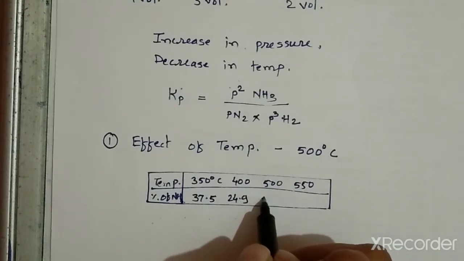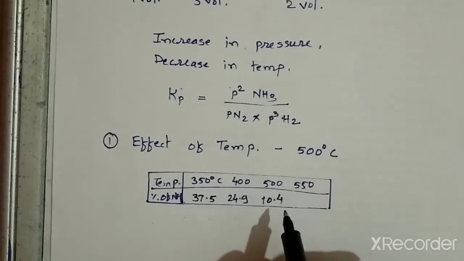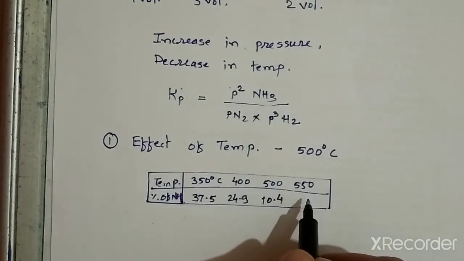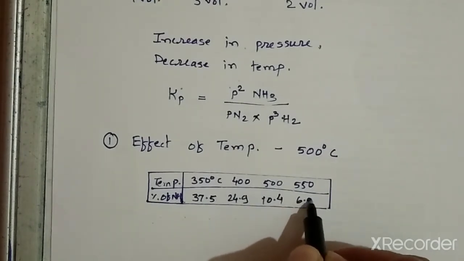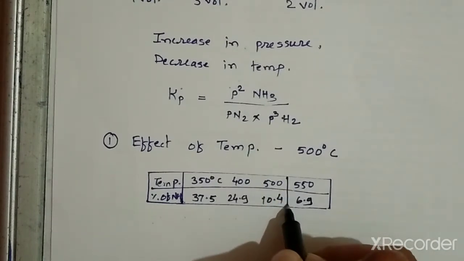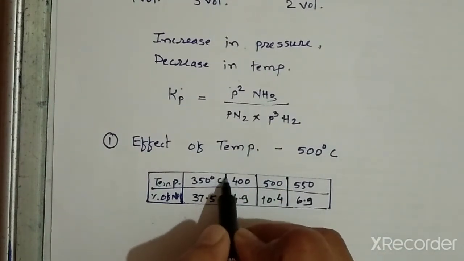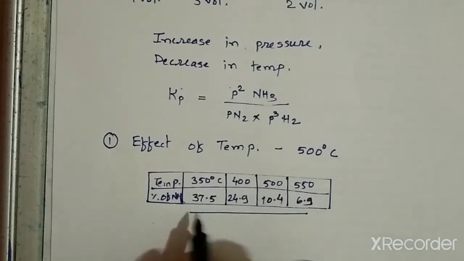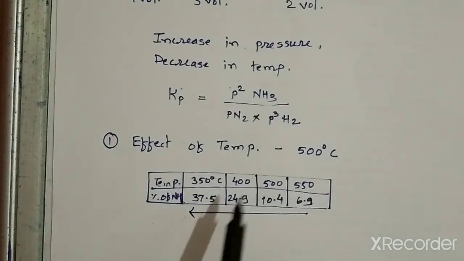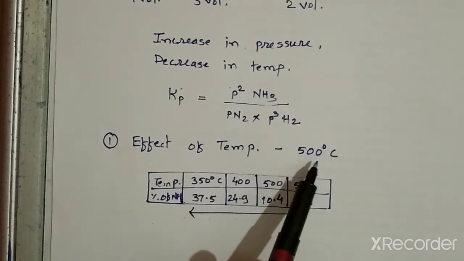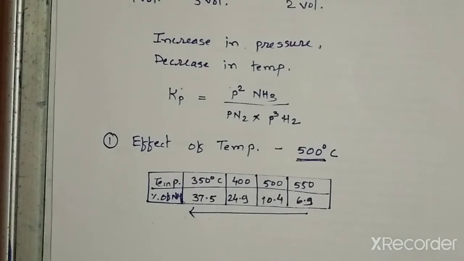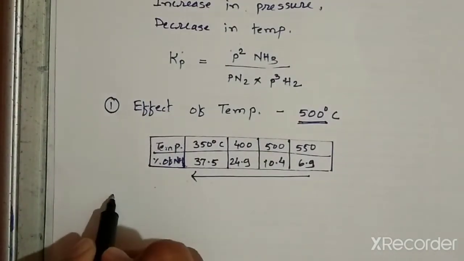At 500 degrees centigrade, the formation of ammonia is 10.4, and when the temperature is again increased to 550 degrees centigrade, the formation of ammonia is 6.9. Means whenever the temperature is increased, the percentage of ammonia decreases. The optimum temperature required for this conversion is 500 degrees centigrade. That is about the effect of temperature.